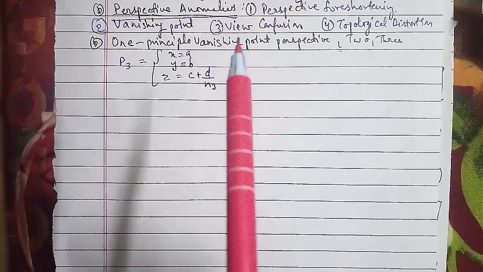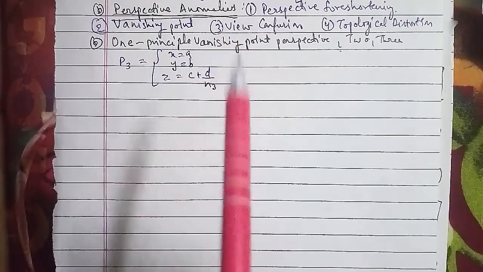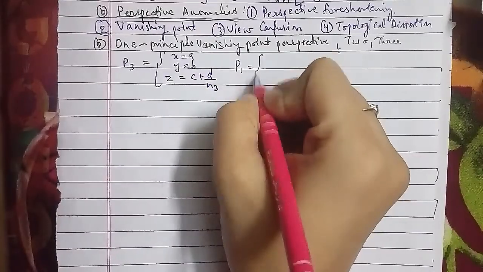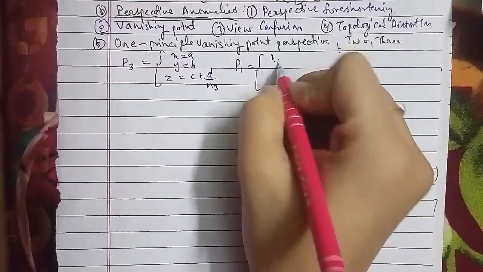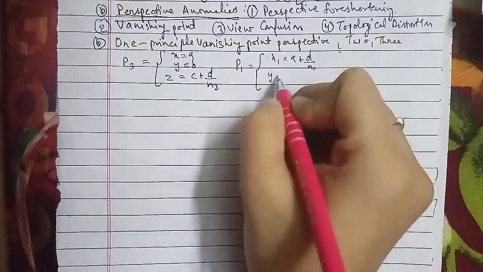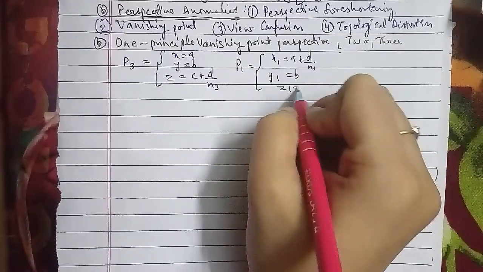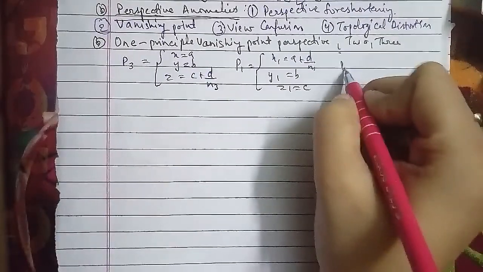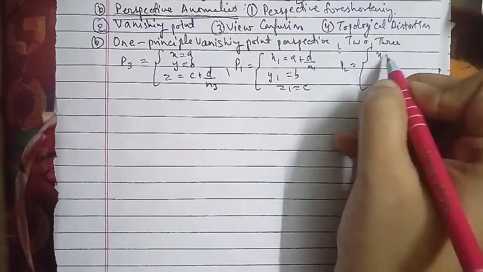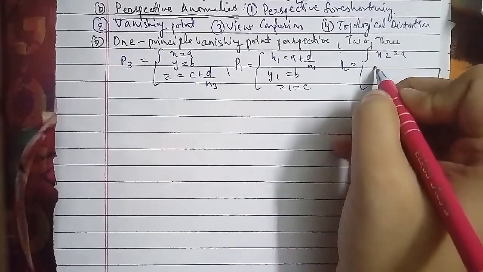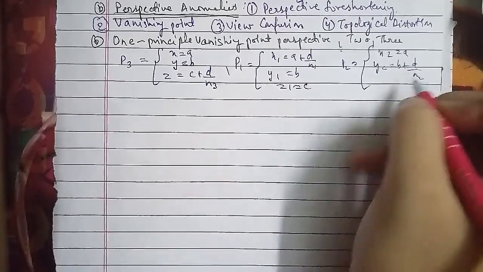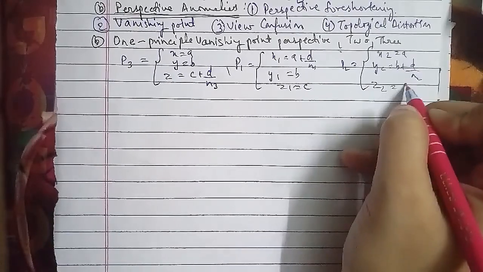So for the principal vanishing points we have P1 and P2. P1 is x1 equals a plus d upon n1, y1 equals b, and z1 equals c. And for P2, x2 equals a, y2 equals b plus d upon n2, and z2 equals c.